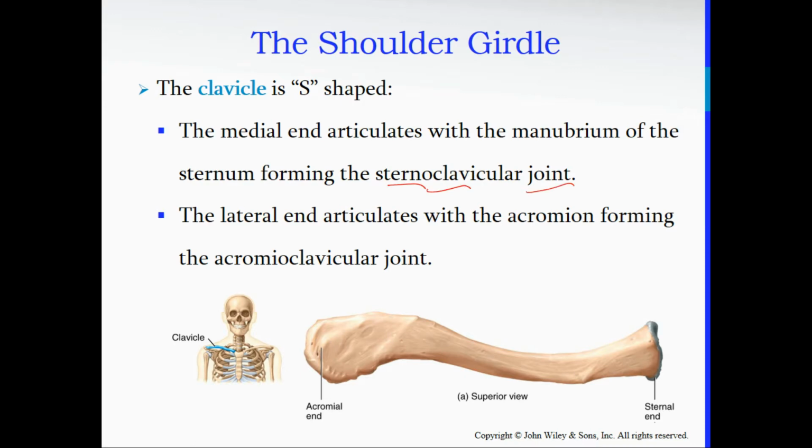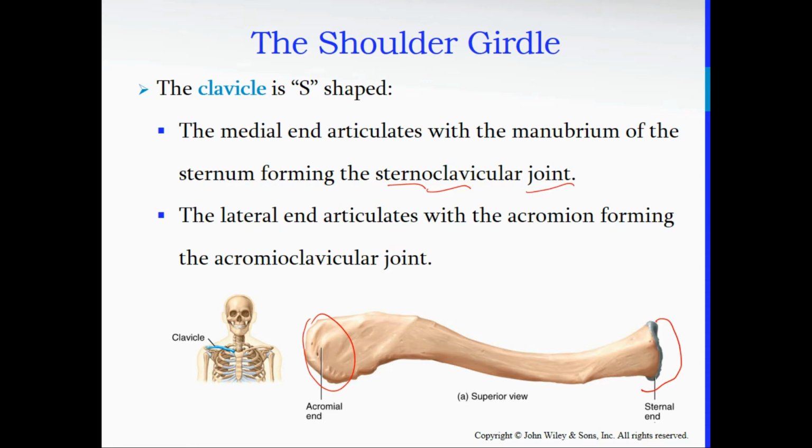The lateral end articulates with the acromion on the scapula, forming the acromioclavicular joint. Because this end articulates with the sternum, we call it the sternal end. And because this end articulates with the acromion on the scapula, we call it the acromial end.